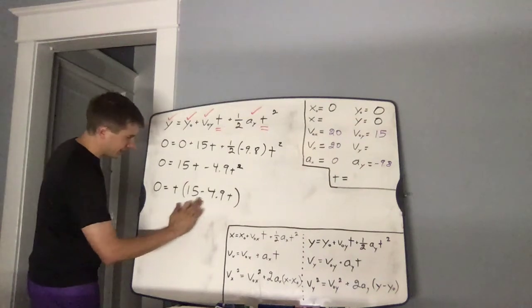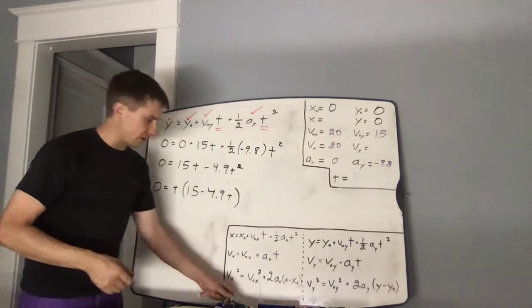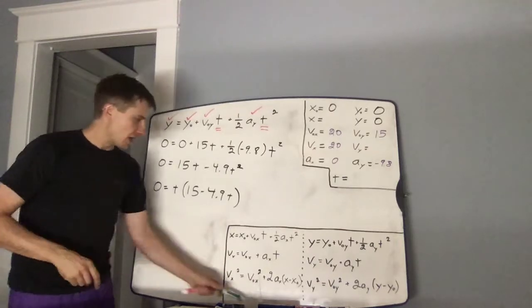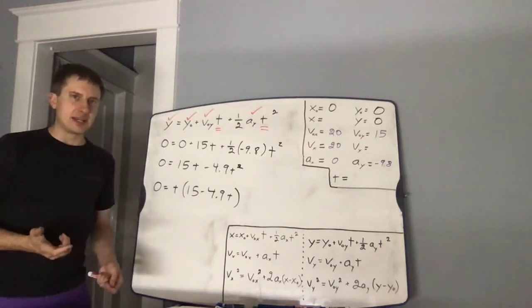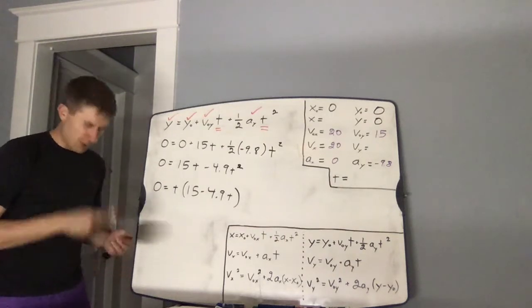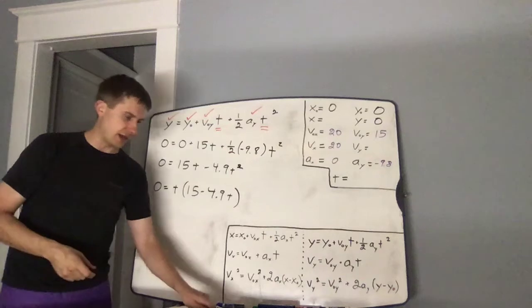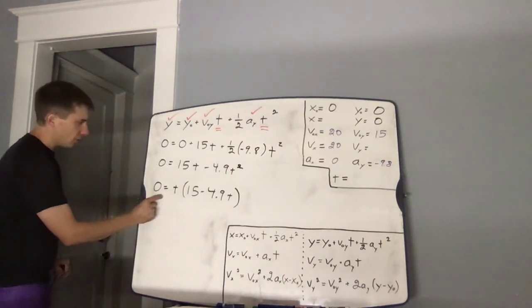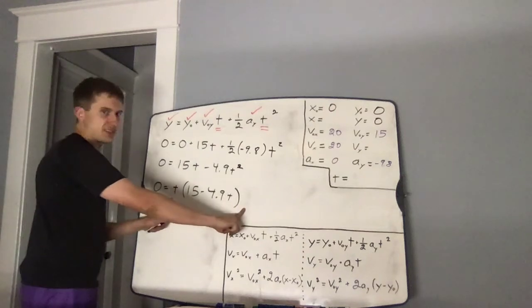So before we think about what we're doing here in physics, let's think about what this equation is really telling us. When I have an equal sign, whatever I have on the left side of the equal sign must be the same as whatever I have on the right side of the equal sign. So 0 must be equal to all of this stuff.